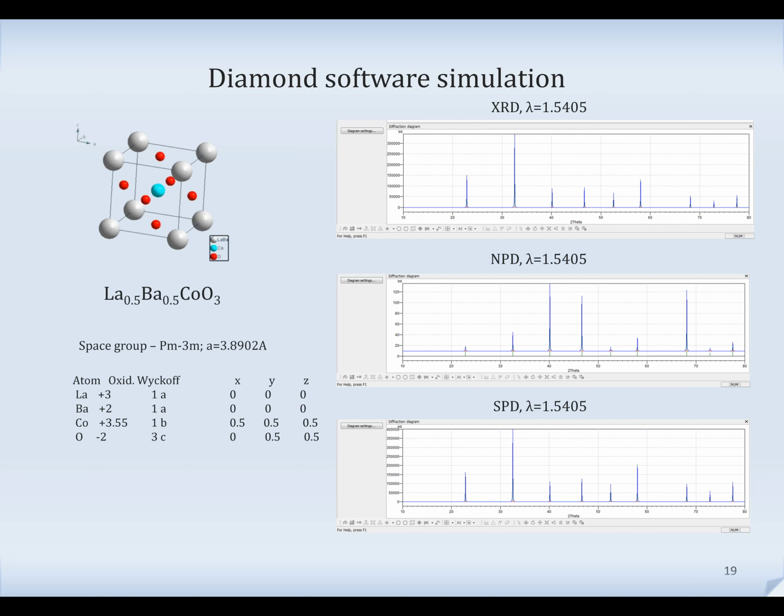The intensity is different because of the different nature of the radiation, neutrons and X-ray, and for synchrotron the same. I'd like to emphasize that it's very useful software. If you refine a crystal structure, it's quite common that you would like to simulate the diffraction pattern and check how it looks.